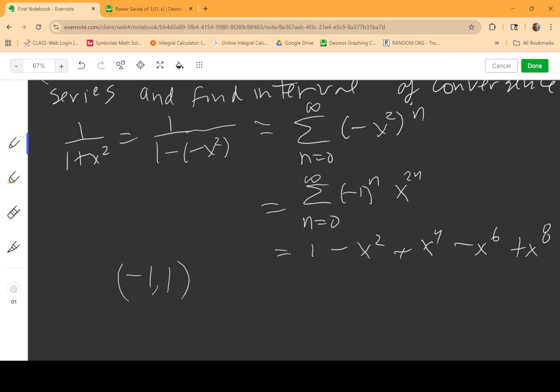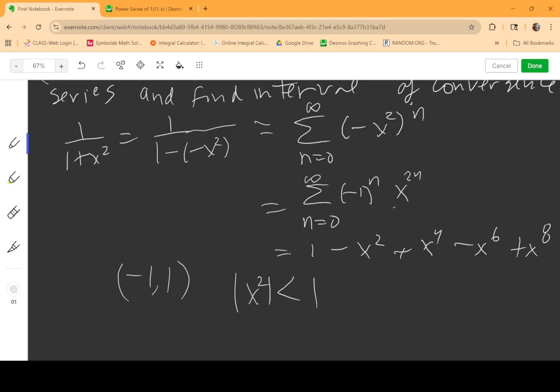And again, that you can find using the fact that the absolute value of x squared has to be less than 1, and we can go from there. But I'll skip all that and just use the previous results.